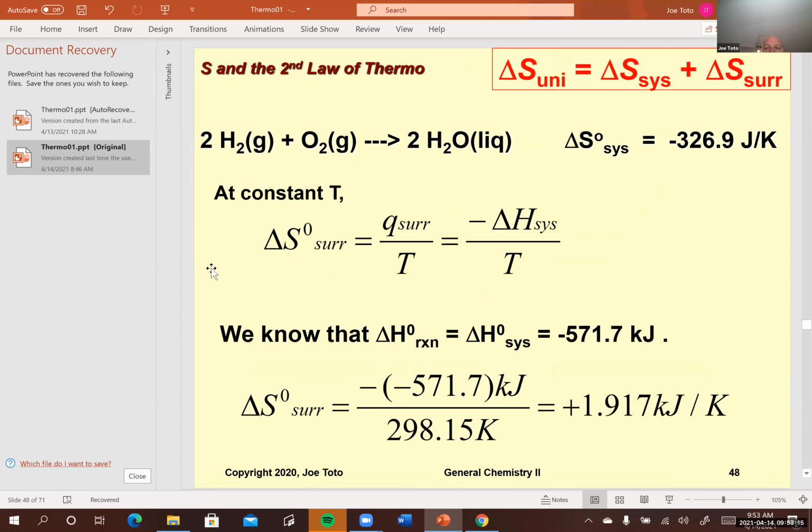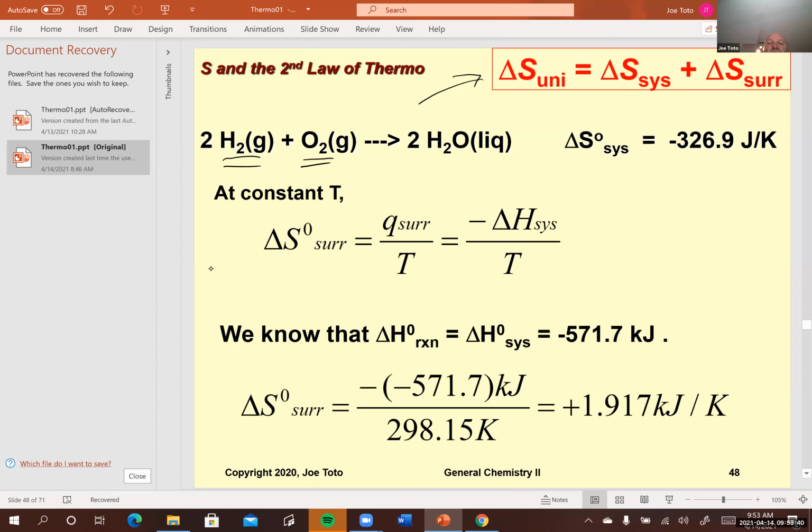All right. So we applied this second law of thermodynamics to some reactions to see what's going on. And we said, okay, let's take a look at this reaction where we make water from gaseous hydrogen and oxygen. And we're going to apply the second law of thermo.